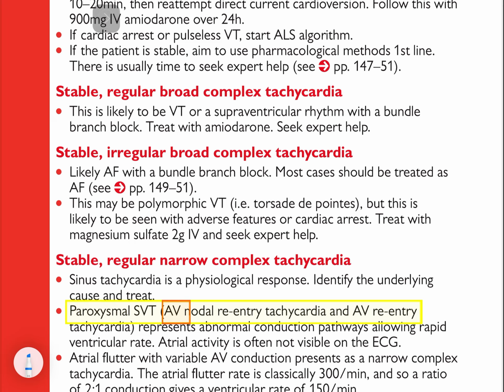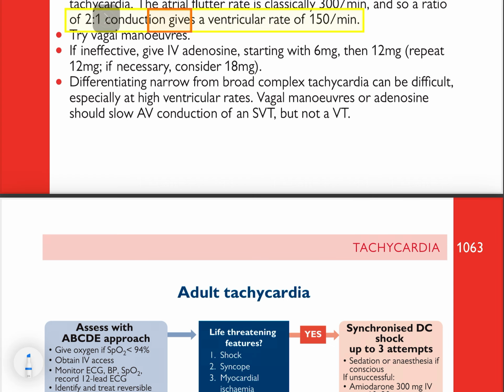Paroxysmal SVT, AV nodal reentry tachycardia and AV reentry tachycardia, represents abnormal conduction pathways allowing rapid ventricular rate. Atrial activity is often not visible. Atrial flutter with variable AV conduction presents as a narrow complex tachycardia. The atrial flutter rate is classically 300/min, and so a ratio of 2:1 conduction gives a ventricular rate of 150/min.